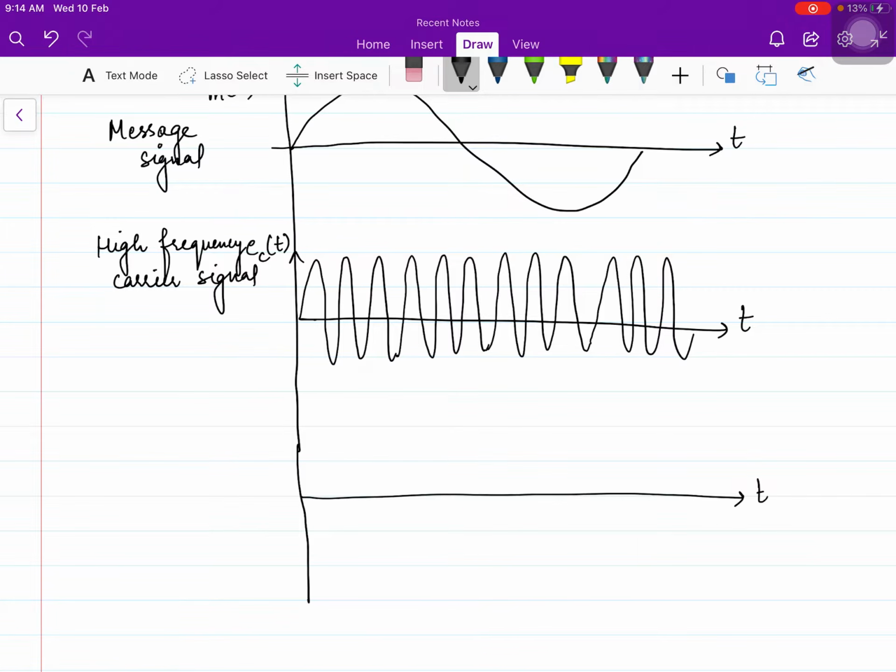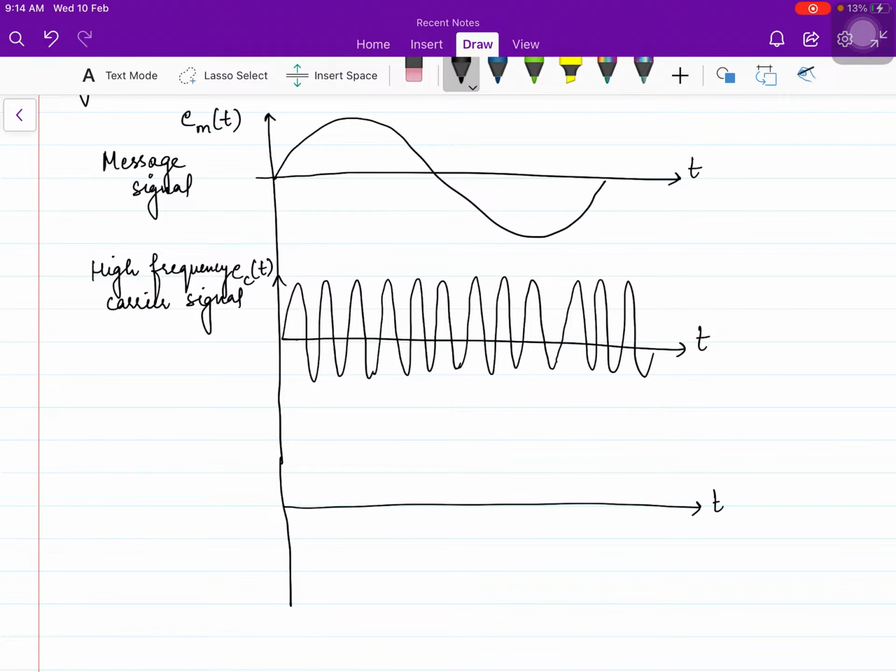Now the modulator will mix both of them, and the output will be an amplitude modulated wave, represented like this. So first of all, what is the strategy to draw the amplitude modulated wave?